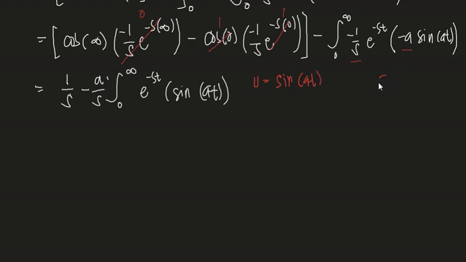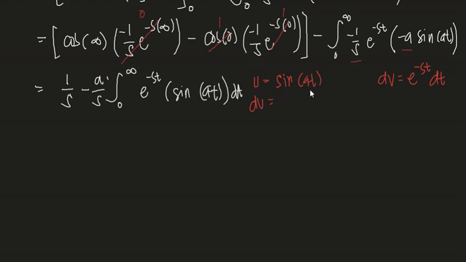Then, ang aton nga dv will be equal to, so take note, may dt na diri sa puntahang na limitahan ta lang. So, we have dv naton will be equal to e raised to negative st dt. So, aton nga du here will be equal to derivative of your sine.